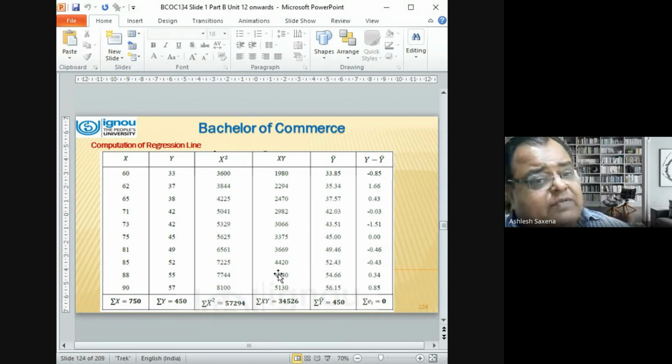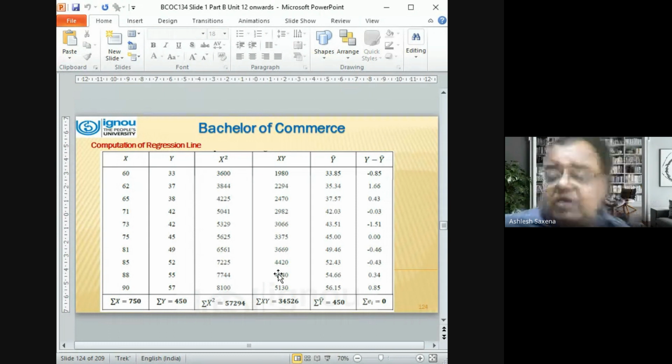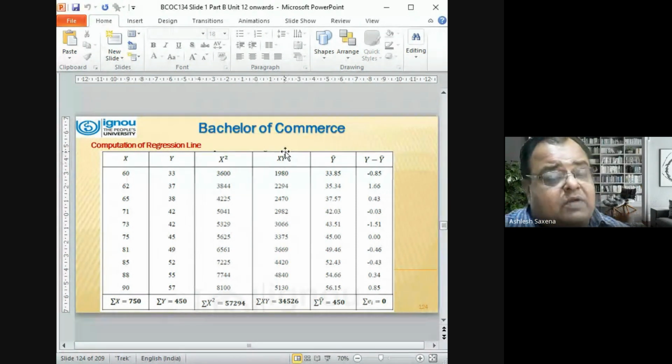After that, you have to square x and you have to multiply x and y together. Then your column number 3 and column number 4 will be generated. These 4 columns are enough. Sum up sum of y, sum of x square, and sum of xy. This is enough.